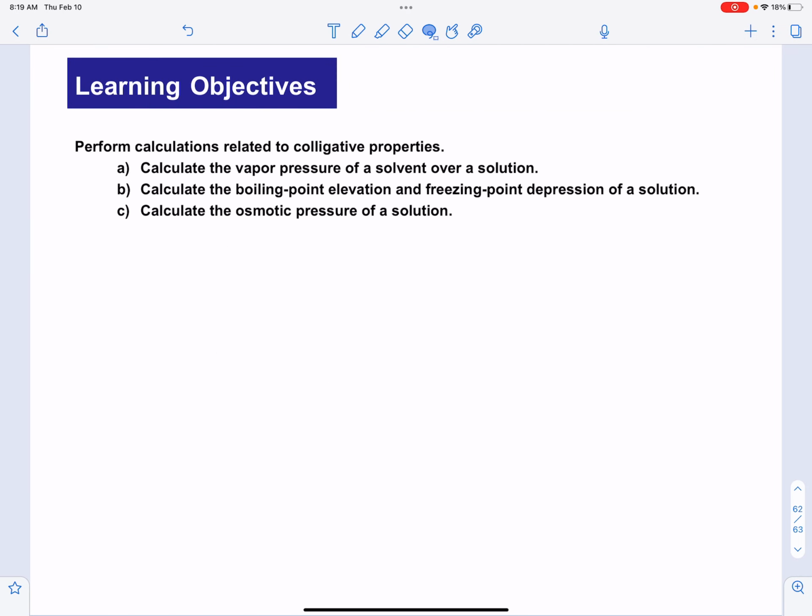And with that said, we just finished covering colligative properties. On the previous recording, we did vapor pressure. Now we just did boiling point elevation and freezing point depression. And we also covered osmotic pressure. So like I said before, I am not looking to see if you know how to do the math. I am looking for you to understand what the formula gives you.